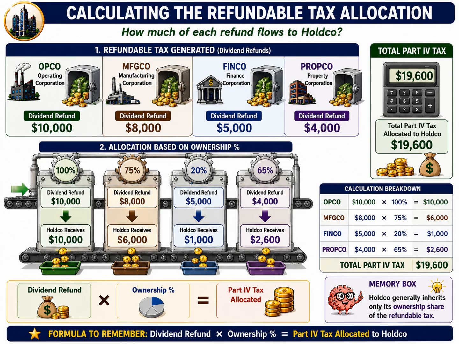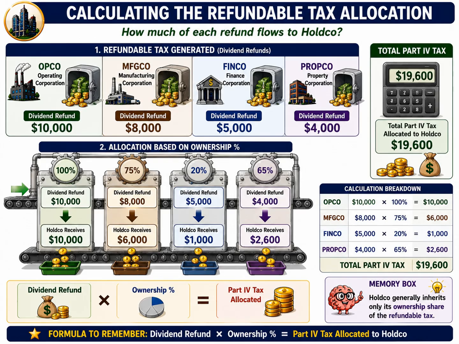The dividend refund is $5,000. 20% of $5,000 equals $1,000. Therefore, Holdco inherits $1,000 of refundable tax from Finco. Finally, PropCo. Holdco owns 65% of PropCo. The dividend refund is $4,000. 65% of $4,000 equals $2,600.